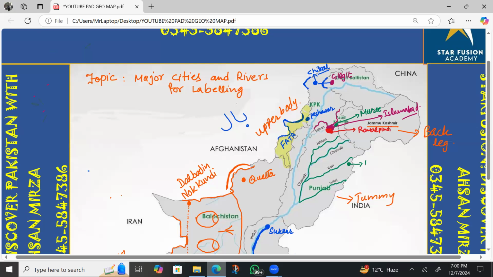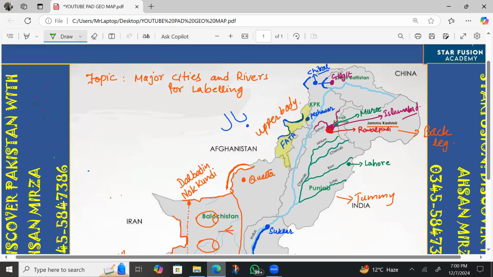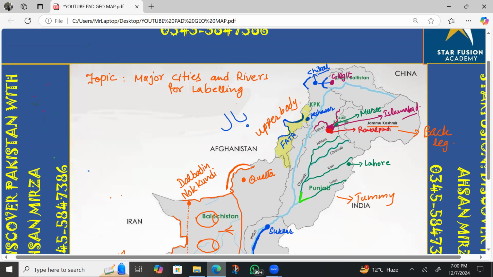When you enter Lahore, you cross the river Ravi, so Lahore is located on the bank of river Ravi. Where river Sutlej and Ravi meet, there is a V-shaped curve, and at the end of that V-shaped curve there is the city called Multan.